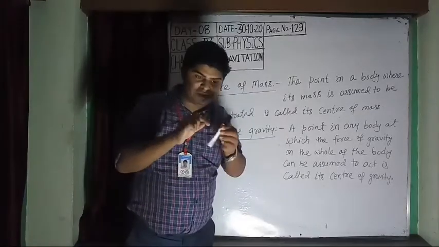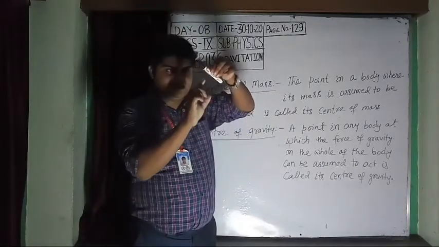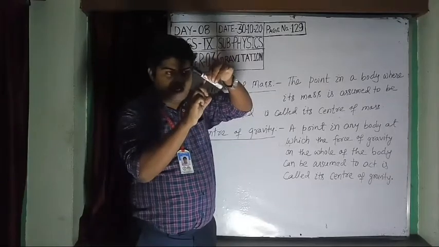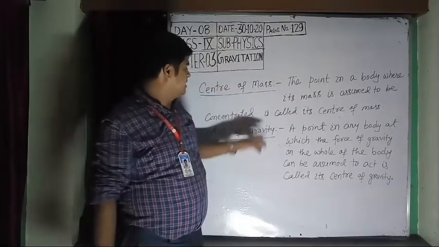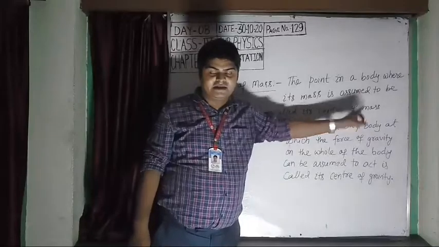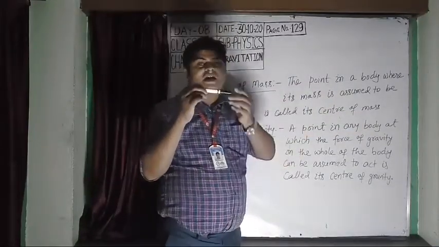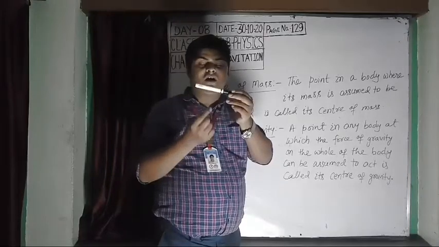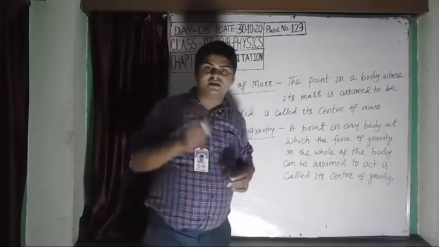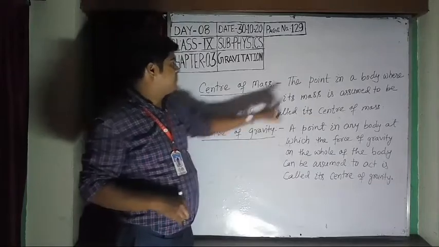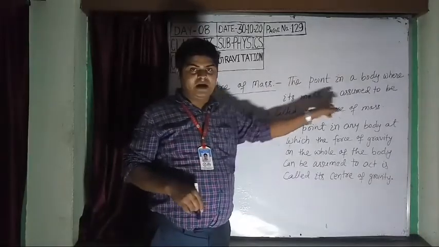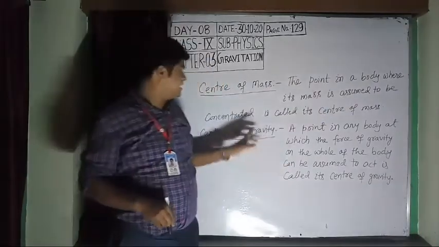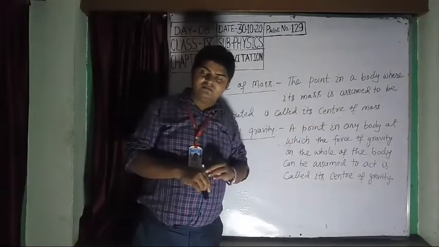That point is called its center of mass. The point in a body where its mass is assumed to be concentrated is called its center of mass.